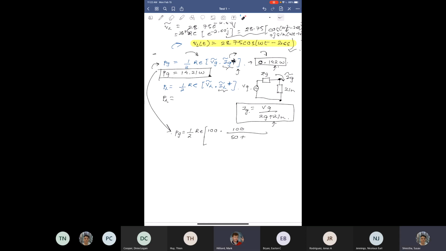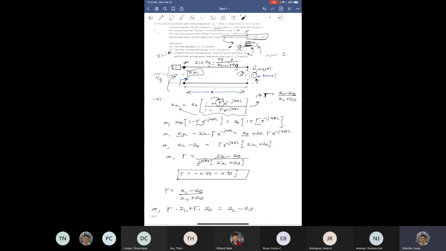If you can see this point right over here, we just defined IFG, right? This is the circuit we have at this particular point. At this point, we have a Z in, the input impedance. We have our Z generator impedance over here, and we have our voltage source.